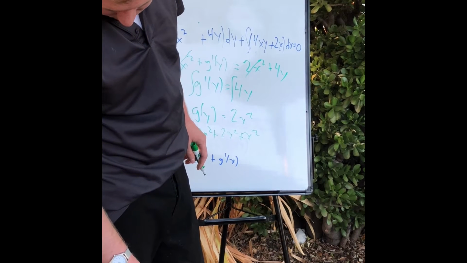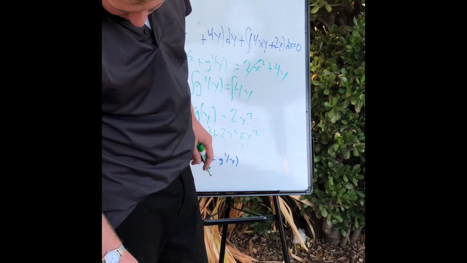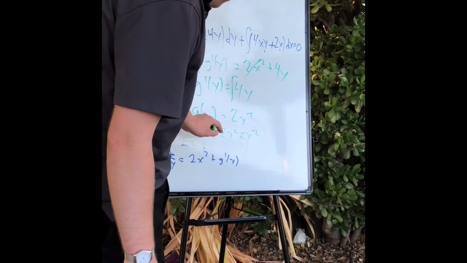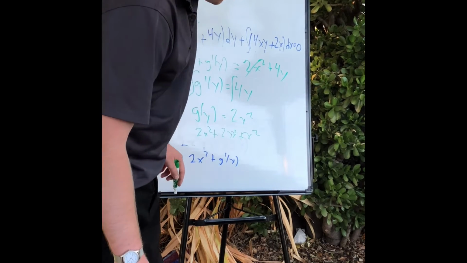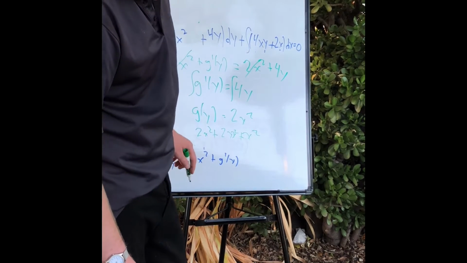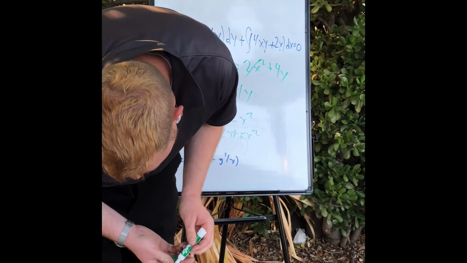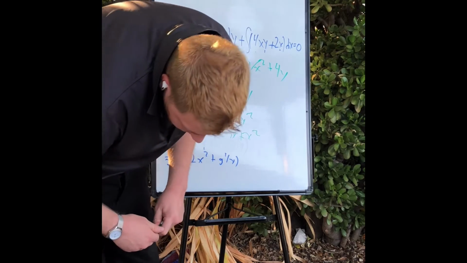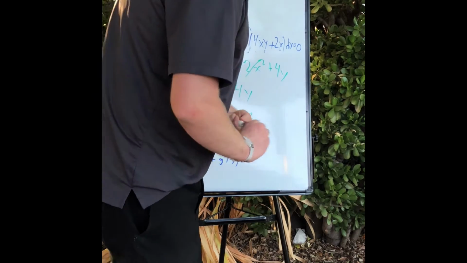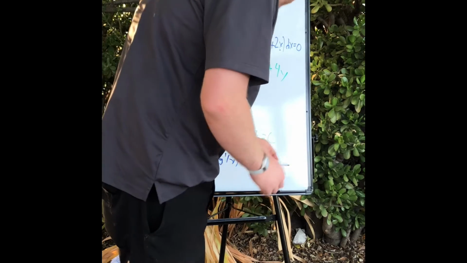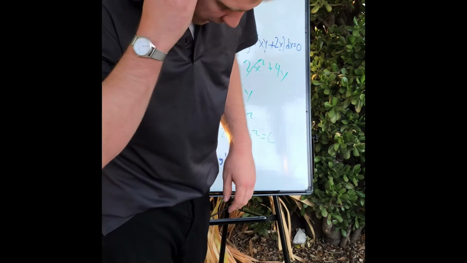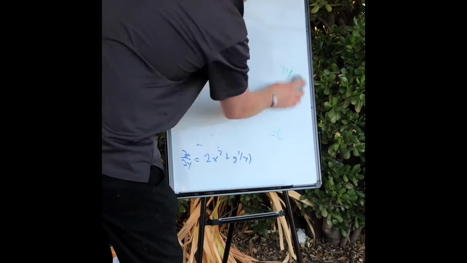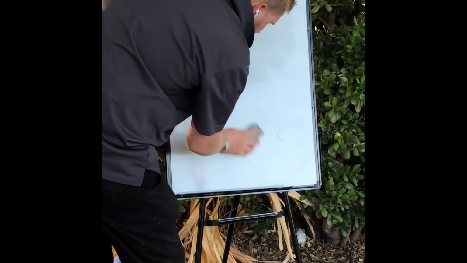So f of x, y is x squared plus 2y squared plus 2y x squared. And this is equal to a constant, a level curve. Something about this is bothering me.